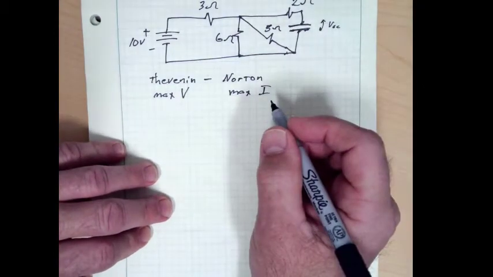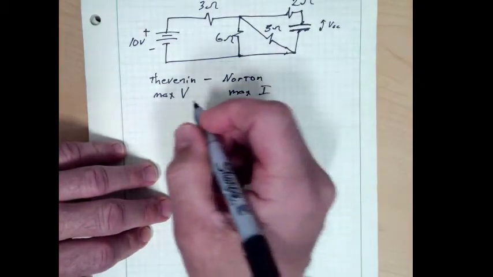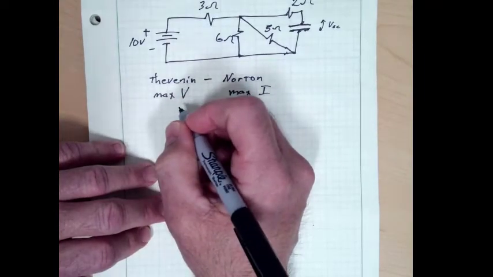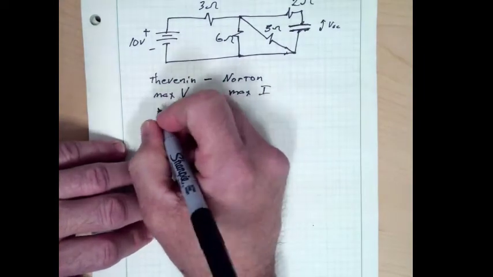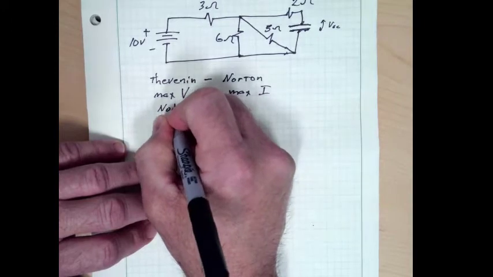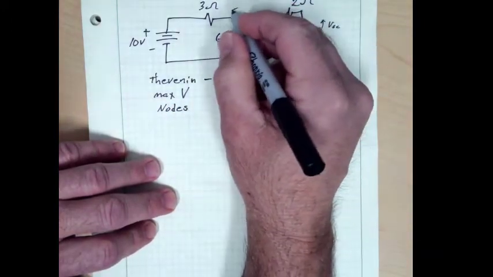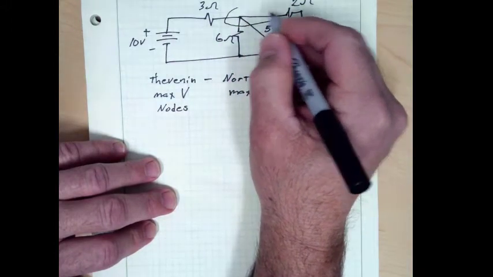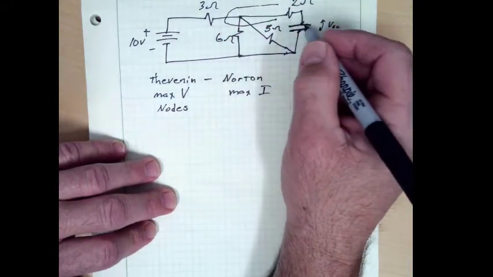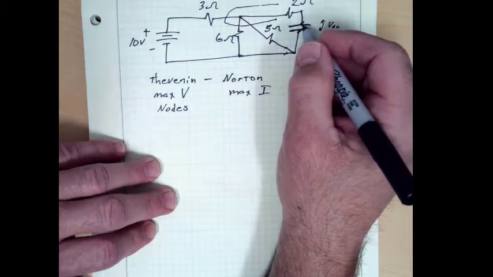So let's go ahead and start with the Thevenin analysis. And since we're looking for a voltage, that typically means we want to look at the nodes. And so identify the nodes. We've got one here starting, and then again we model this as an open here.